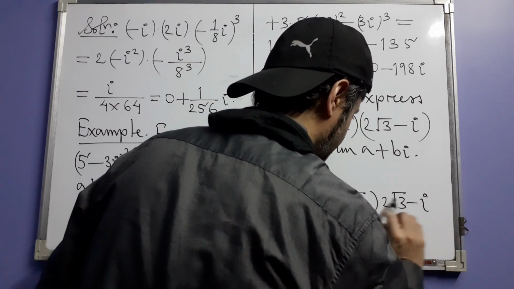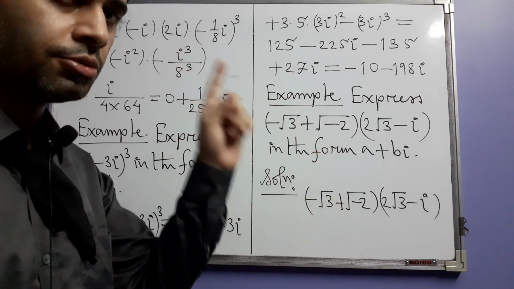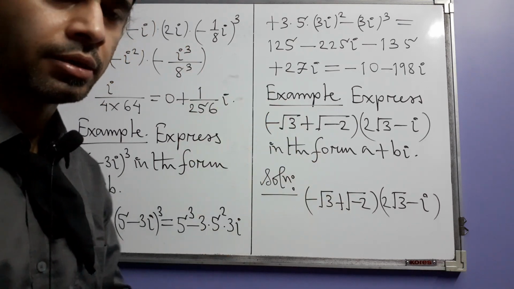The part here that may confuse you initially is this root minus 2, but recall root minus 2 is root 2 times i.